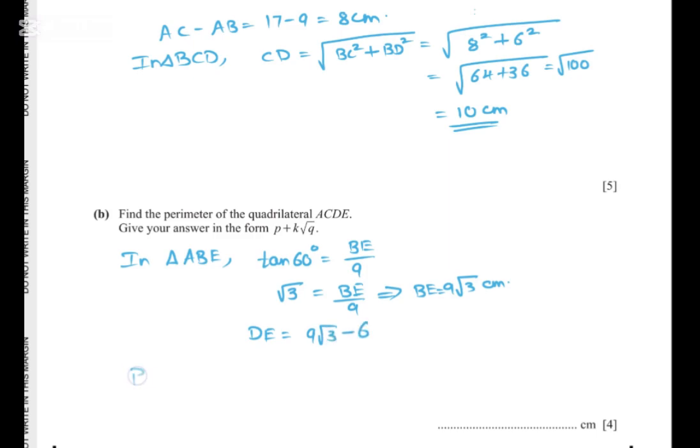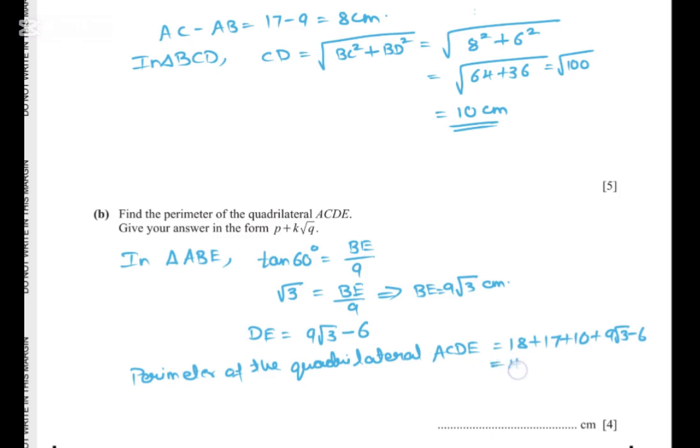Now we need to find the perimeter. Perimeter of the quadrilateral ACDE is equal to, add all the sides, 18 plus 17 plus 10 plus 9 root 3 minus 6. So 18 plus 17 plus 10 is 45 plus 9 root 3 minus 6.